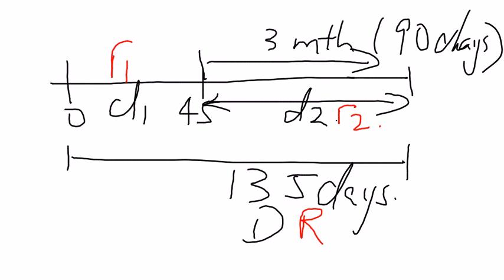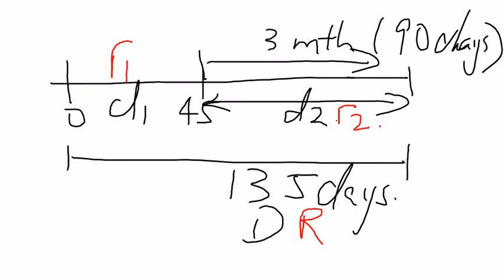So what it means is that the interest rate underlying this Eurodollar futures is actually a 90-day forward rate starting in 45 days' time. Put another way, R2 is a 90-day forward rate starting from D1.